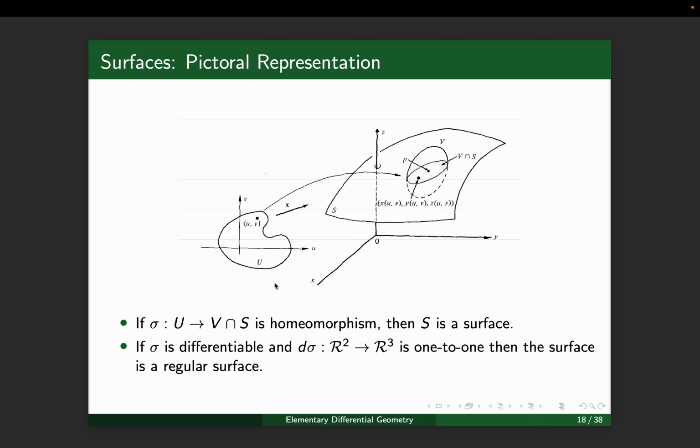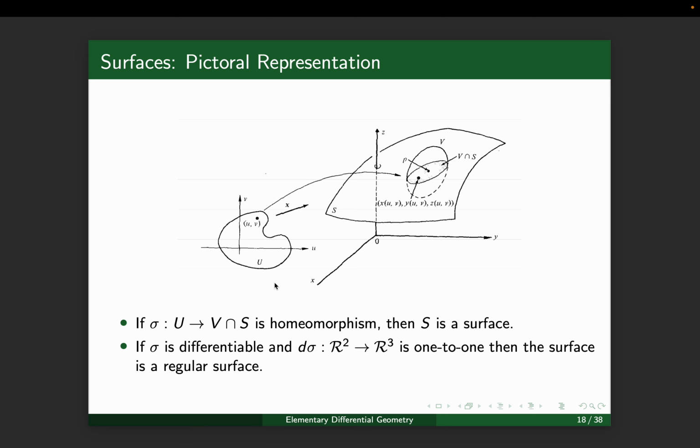So this map must be a homeomorphism. It means the map should be continuous and bijective, and its inverse should be continuous also. Then we call that map a homeomorphism.